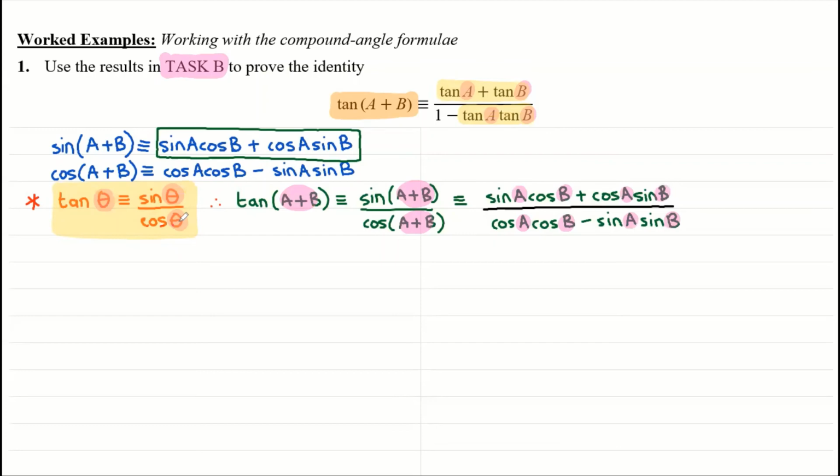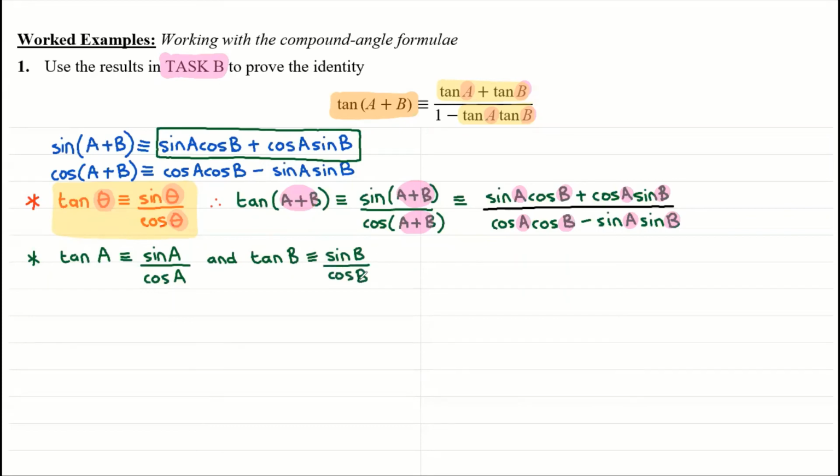So I'm just going to make another note over on the left, that if I have tan of a, it's identical to sine a divided by cos a. And I also know that tan of b, whatever b is, must be identical to sine b over cosine b.